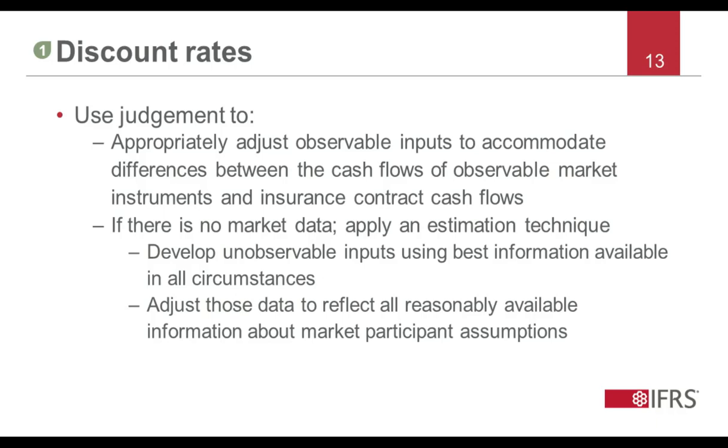In that case, an entity would need to apply an estimation technique. An entity will need to develop unobservable inputs using the best available information in all circumstances. An entity will also need to adjust those data to reflect all reasonably available information about market participant assumptions.